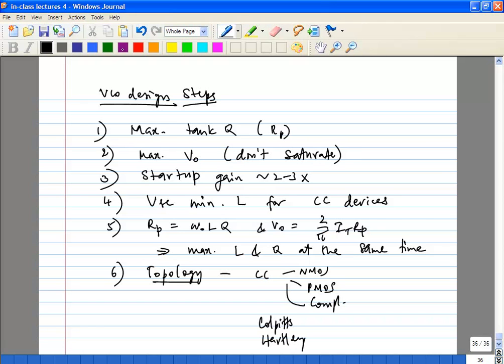You have hybrids between the cross coupled and the Colpitts. So there are a lot of options, and the topology choice matters. Depending on whether you're interested in phase noise, tuning range, or minimizing the number of inductors, you would choose one of these. Normally your trade-off will be among these for most applications. You would also have to choose between NMOS, PMOS and complementary.